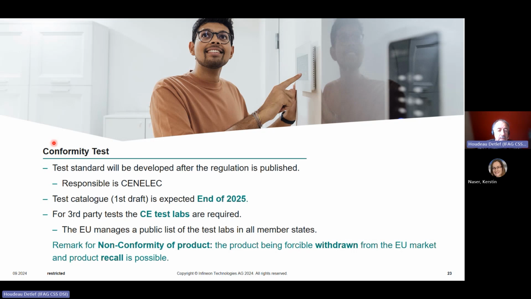You see, it's not only the definition of what's needed to create more security in connected digital components, but also what happens if the product cannot fulfill the conformity test from a conformity test lab. This is also important to keep in mind.